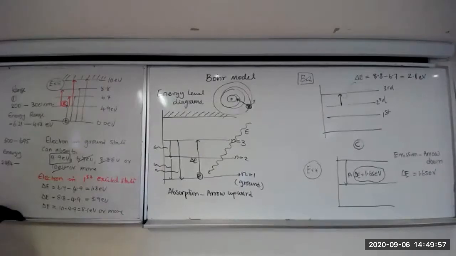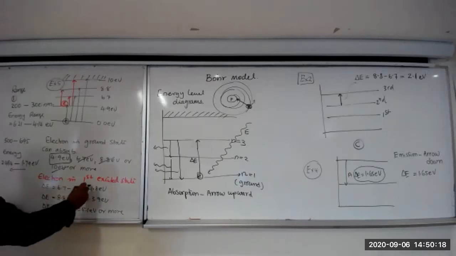And then the same with 695 times 10 to the negative 9, you get about 1.79 eV. That's the range it's giving. Yeah, so this is possible.